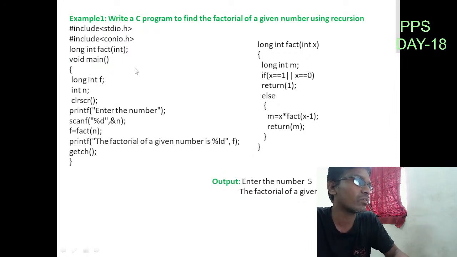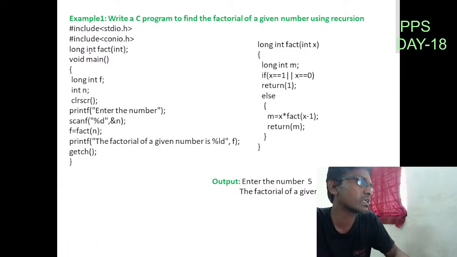I want to execute this code, but before that I want to explain it. After that I am going to execute this program in Turbo C++. Here I declare the function, the calling function, outside of the main program.